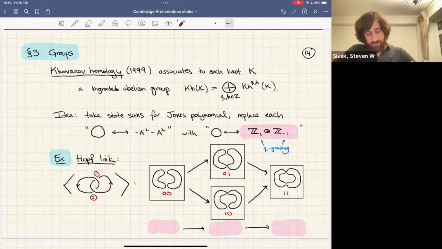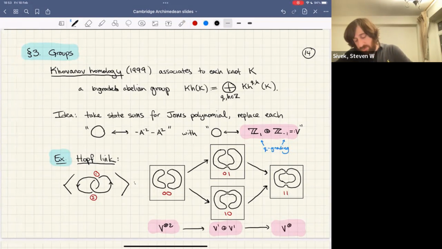So for the Hopf link, here it is again. We number the crossings in the same way. We've got this square of resolutions, and we associate, well, if I'm going to call this V for the sake of notation, here we have two circles, so I'm going to associate to that V squared, one copy of V for each circle, so the tensor square of V. In this row, I've got one circle for this resolution and one circle for this resolution, so I'm going to write V direct sum V. And at the end, we've got two circles, so I'm going to say the tensor square of V. Why a direct sum here?